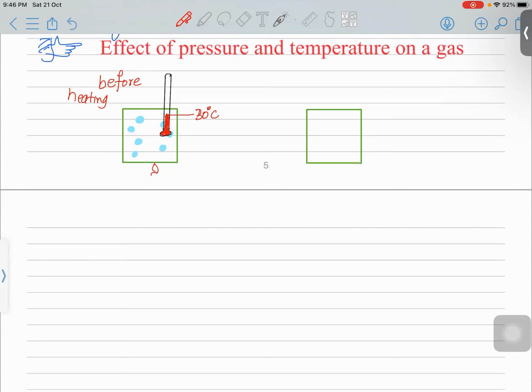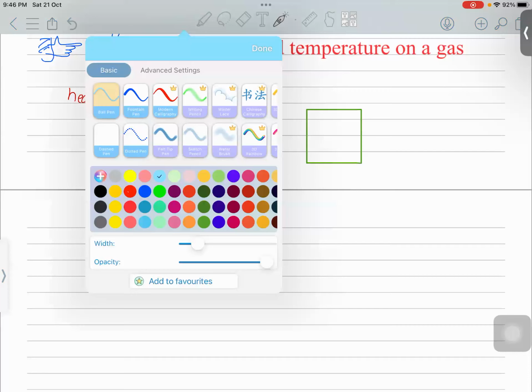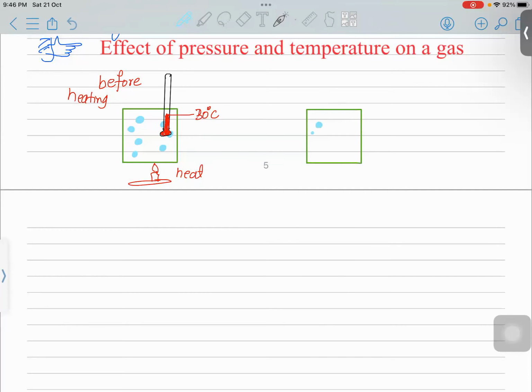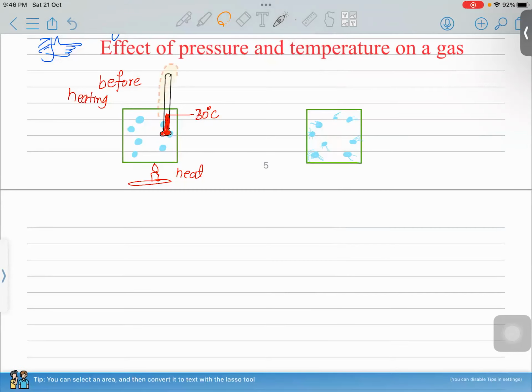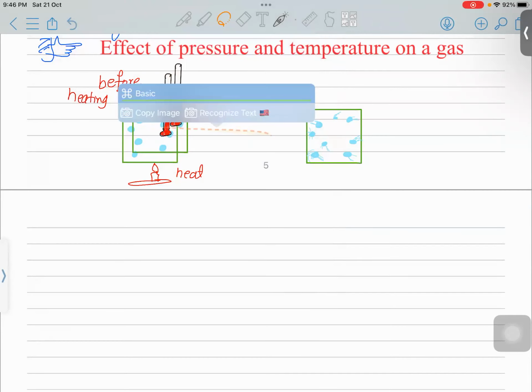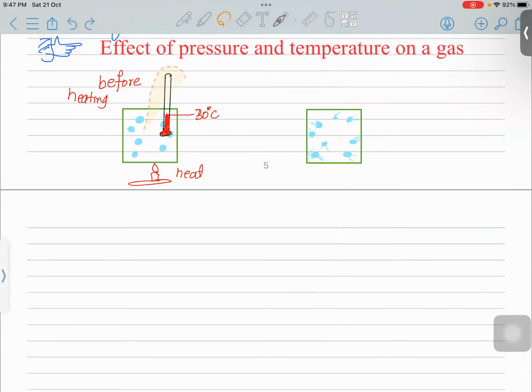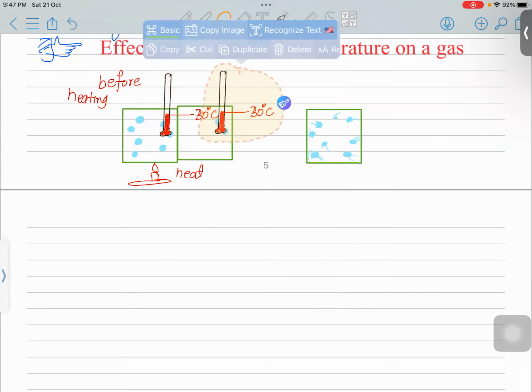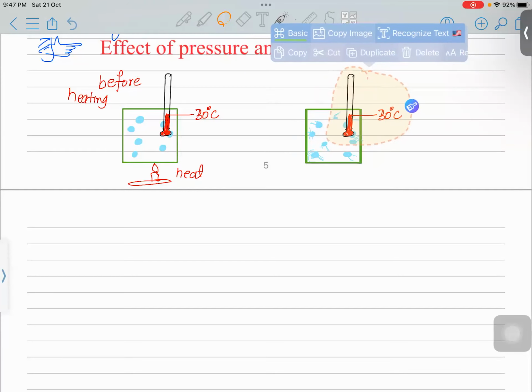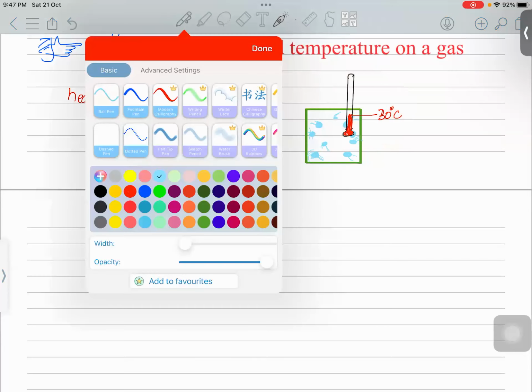Now heat. Now these particles move rapidly. Now temperature is increased.